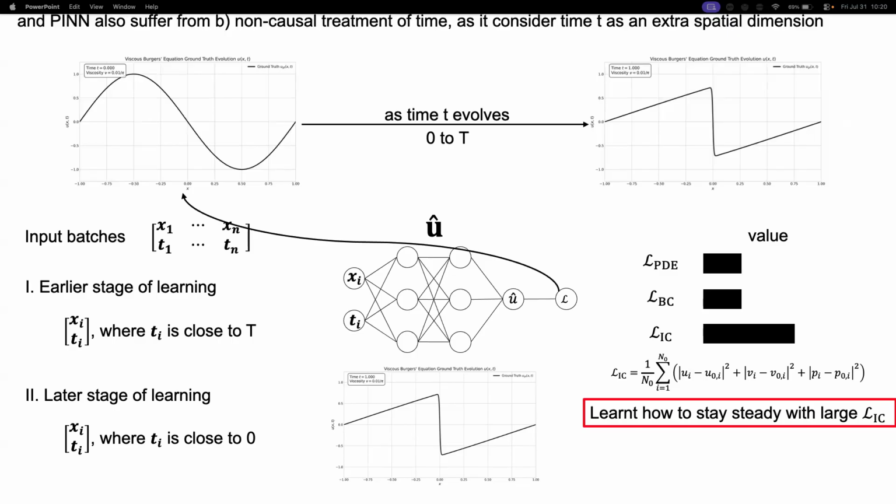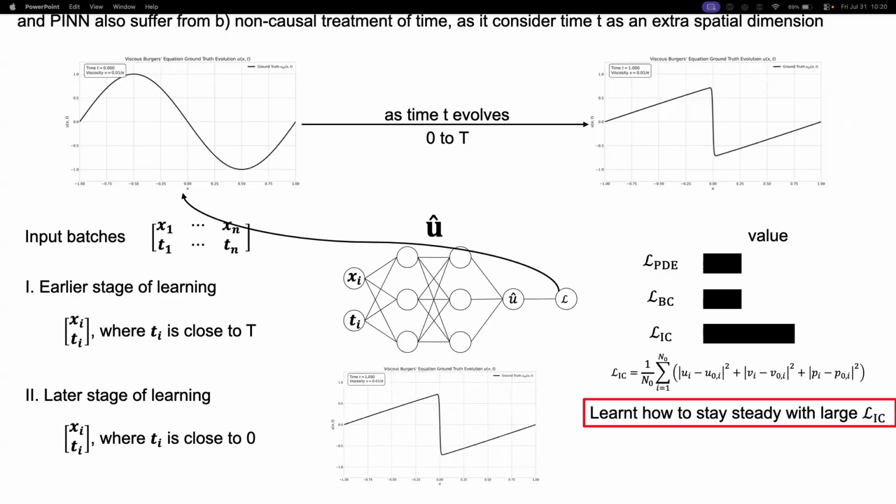So this is the output of the neural network. But the output of the neural network should be like this, explaining the entire dynamics of the partial differential equation. That is the whole reason why we use the neural network.